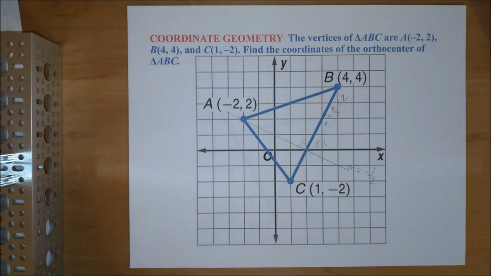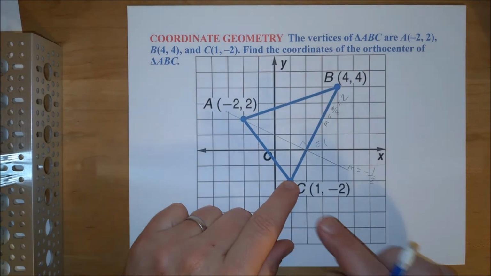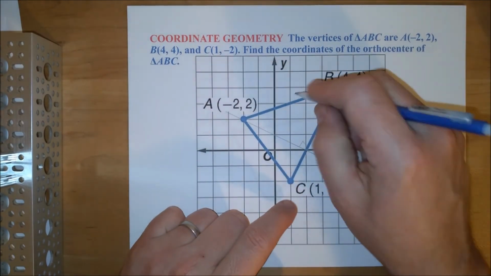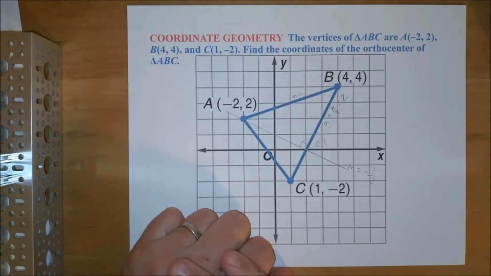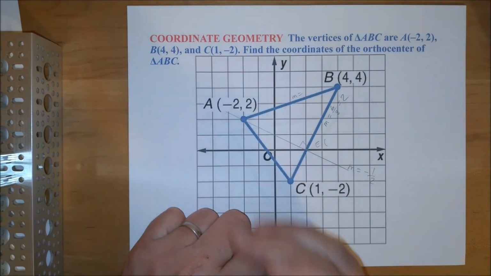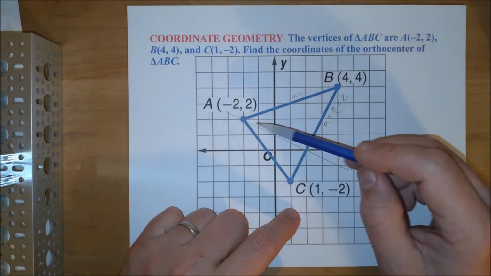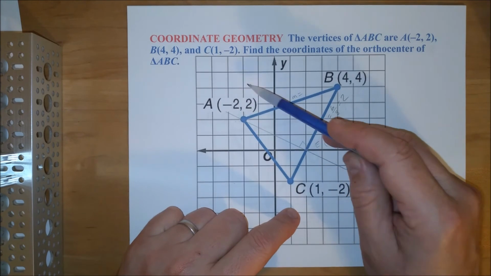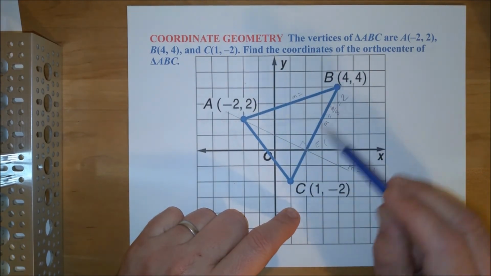Now, in order to find the orthocenter, I'm going to have to draw at least one more altitude. So which altitude should we draw here? How about we go from point C to AB? To do that, I need to know the slope of AB so that I can find the slope of my perpendicular line. Going from A to B, I go up 2 and over 6.